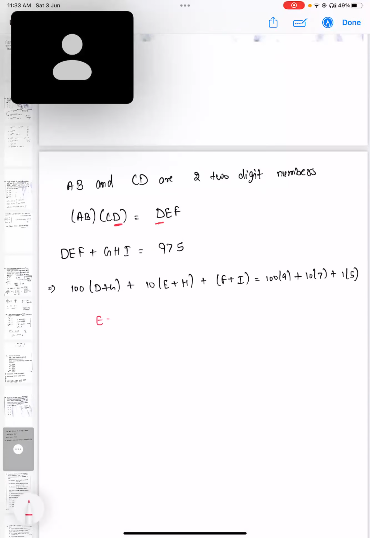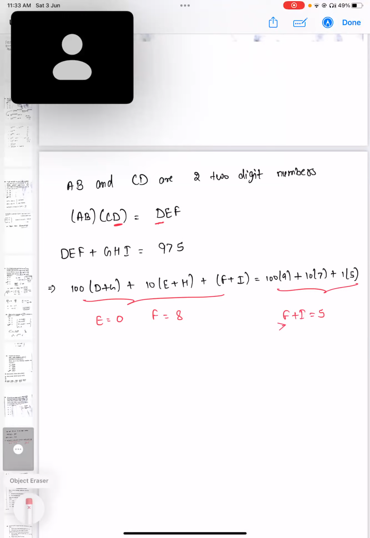See, if we compare the left hand side and right hand side, F plus I is equal to 5. But F is given to be 8. So this doesn't make sense, right?